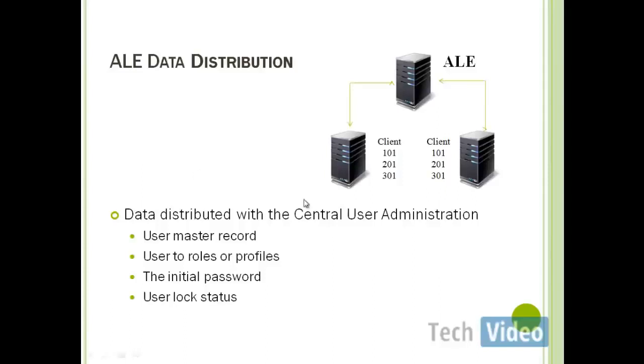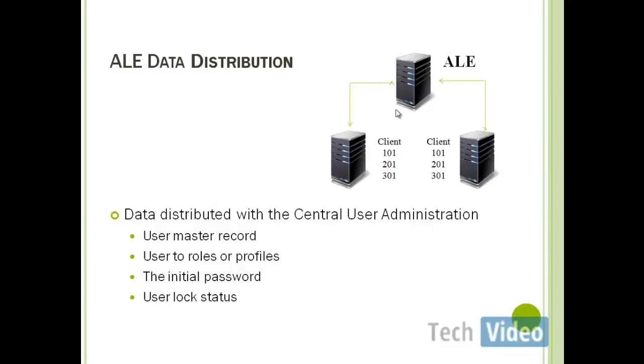Having said that, I need to make one more point very clear. The user assignment of roles is the only thing you can do centrally. That does not mean that roles and authorization data can be centrally managed. No, the authorization data or user profile, that means the role modification, everything that we need to transport to the systems using the transport request or whatever means we select, will not be transferred using the CUA.